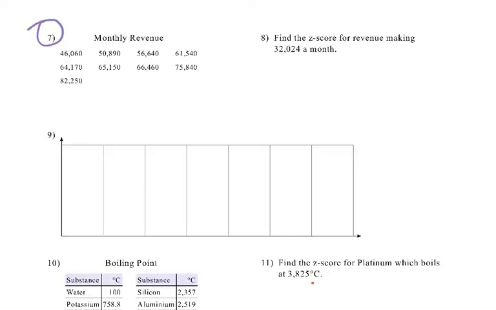So, monthly review. The first thing we need to do is figure out the mean, right? And the standard deviation. The way we find the mean is using a calculator, because I'm not going to do this by hand. 46060 plus 5890 plus 5640 plus 61540 plus 64170 plus 65150 plus 66460 plus 75840 plus 82250.